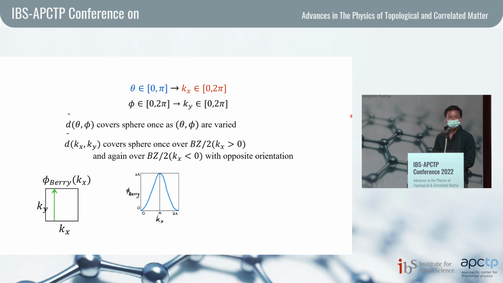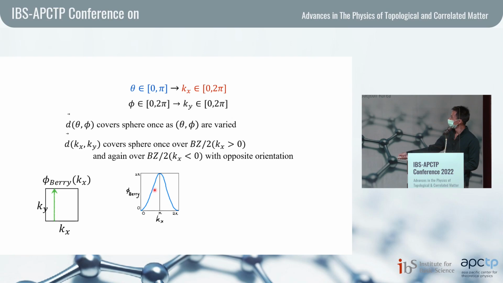There's one useful way to represent this information. You can think about the Berry phase that depends on kx, obtained from parallel transport. If you parallel transport a Bloch state at fixed kx over a loop in your Brillouin zone, this defines a phase that depends on kx.